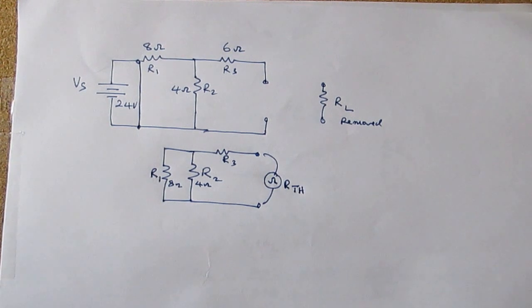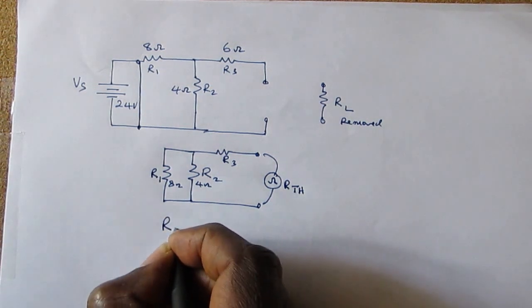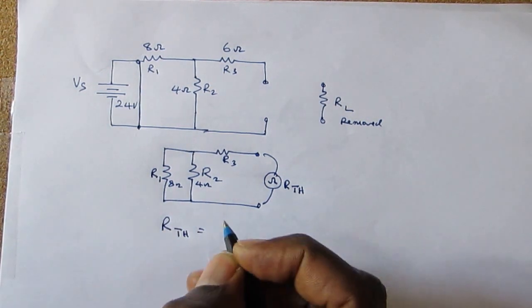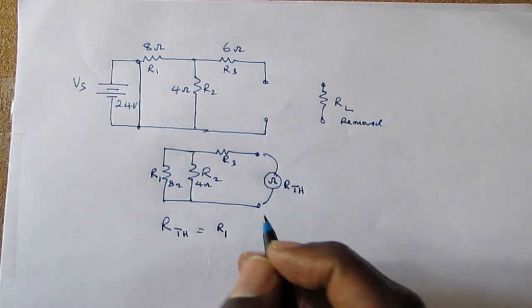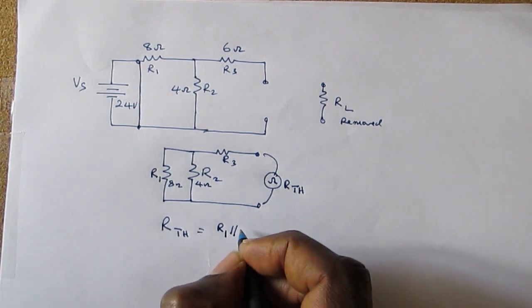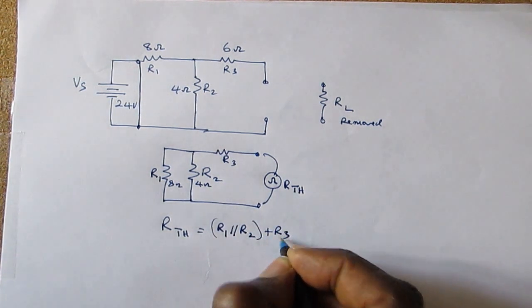So let us do that for this arrangement. We can write that R Thevenin is equal to R1 in parallel with R2 plus R3.